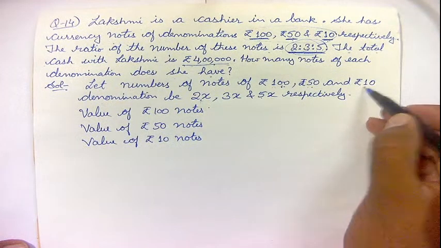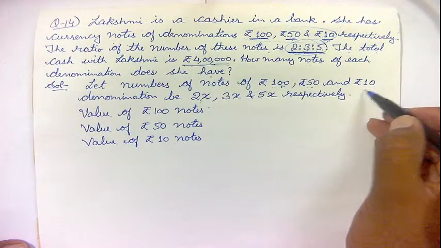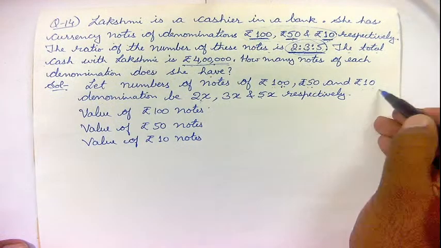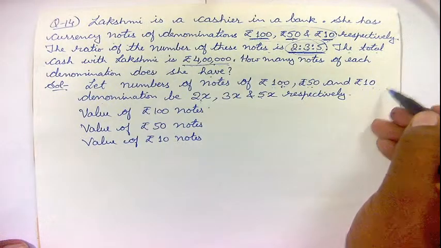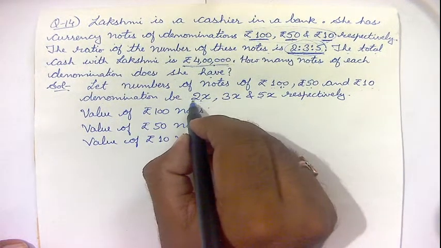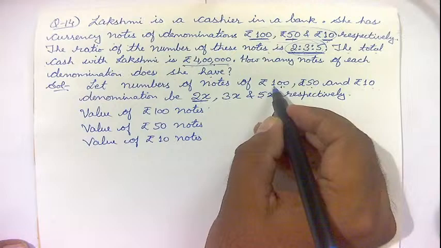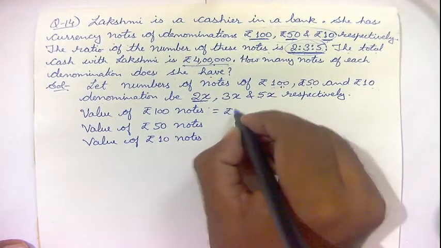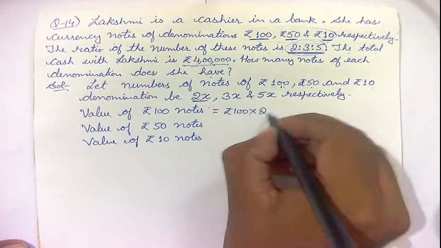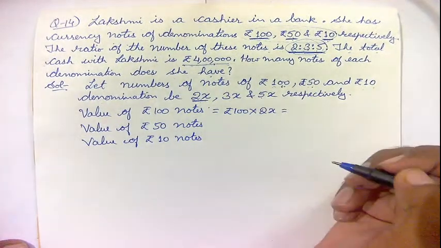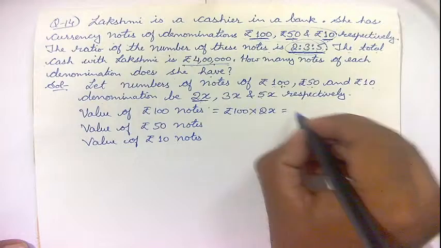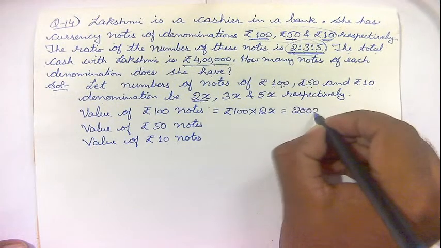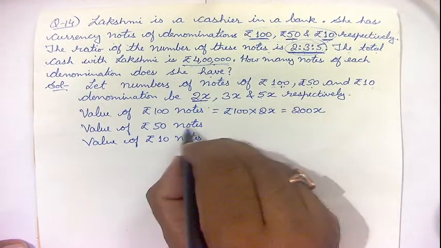Similarly, if there are 20 notes of rupees 10, the value becomes 10 multiply 20, that is 200. So here we are having 2x number of 100 rupee notes. So what will be the value? The value becomes rupees 100 multiply 2x, and rupee 100 multiply 2x means it is 200x.